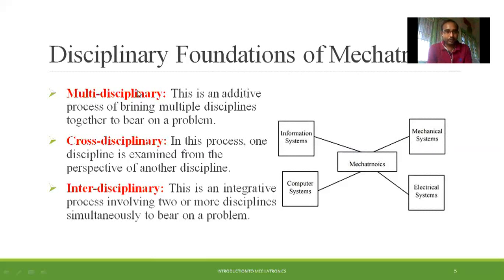activity. Here we have different subsystem levels, that is multidisciplinary, cross-disciplinary, interdisciplinary. So multidisciplinary, in the sense, is an additive process of bringing multiple disciplines to bear on a problem. For example, the company is manufacturing only 10 different nails in a single shot of operating machinery.